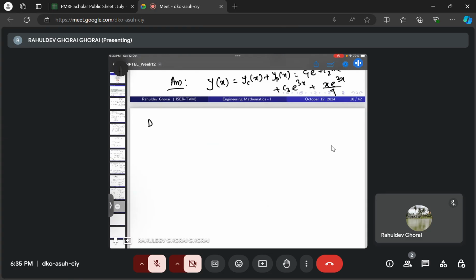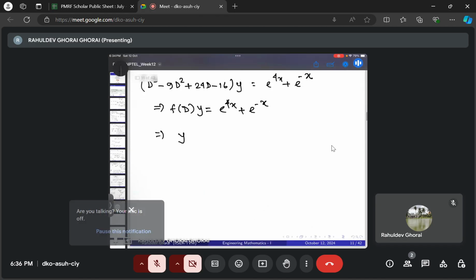Let's say you have to find the particular integral. For the complementary solution, the solution for the homogeneous equation, you don't need to find it for this question. So this is f(D) times y, or f(D) upon y, will be equal to e to the power 4x plus e to the power minus x.